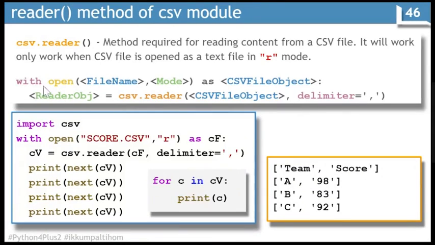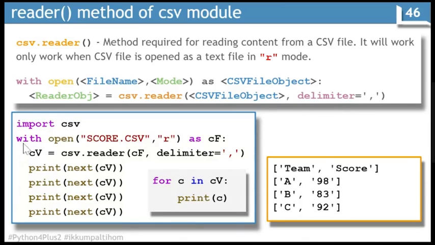You will be writing with open file name comma mode as CSV file object, and you will be specifying reader object is equal to csv.reader, and inside that you will be specifying this file object, and then you'll be specifying the delimiter. The default delimiter is comma. So if you do not specify delimiter is equal to comma, it will still work exactly in the same manner.